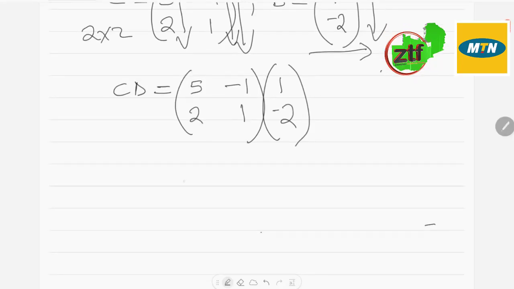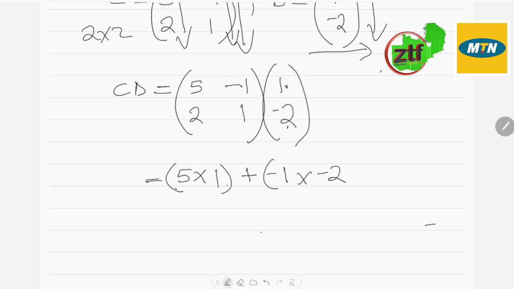So the first entry is going to give us 5 times 1, plus negative 1 times negative 2. 5 times 1 is 5, plus negative 1 times negative 2.